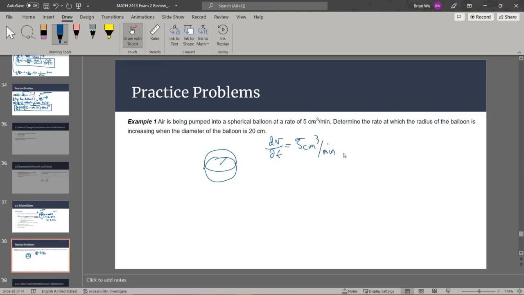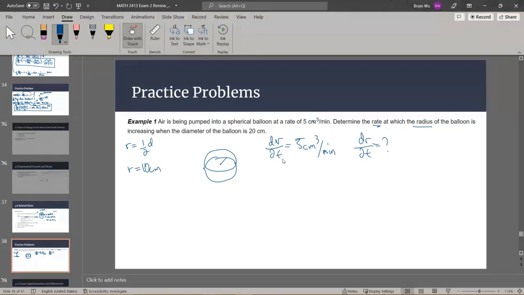Right, so we're going to write down all the variables. Determine the rate at which the radius, so rate is derivative, right? The rate of the radius means that you have a dr over dt. That's what we're trying to figure out, when the diameter of the balloon is 20 centimeters. They give us diameter, but we know that radius is equal to 1/2 diameter, so radius is equal to 10 centimeters in this case.